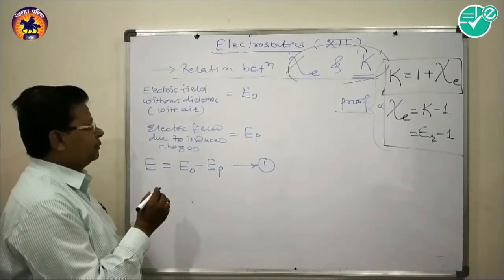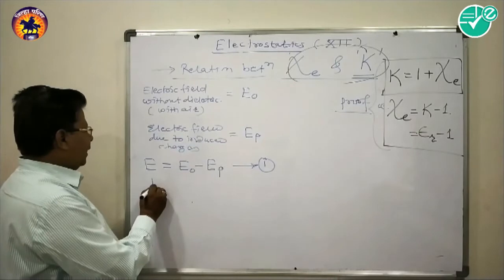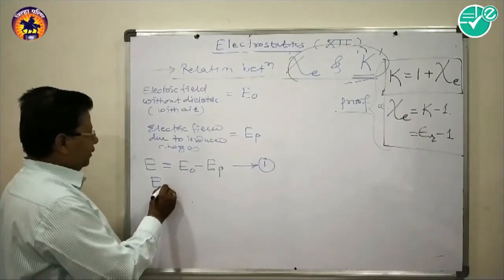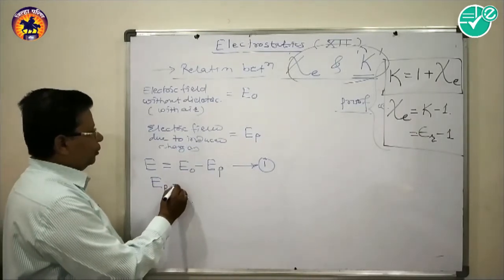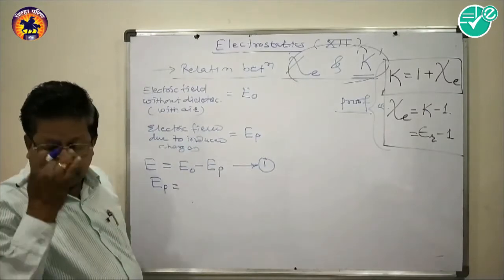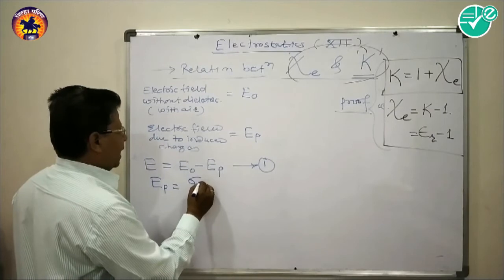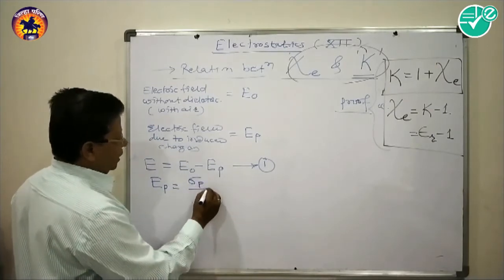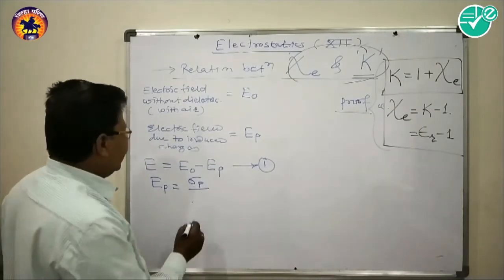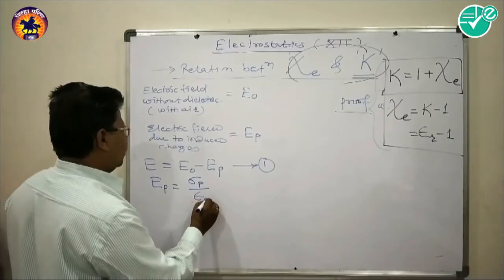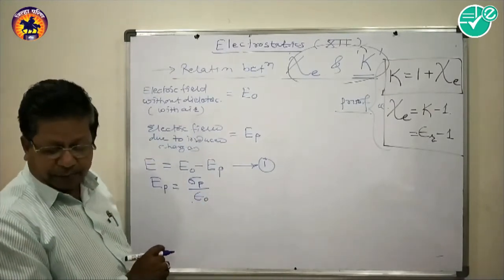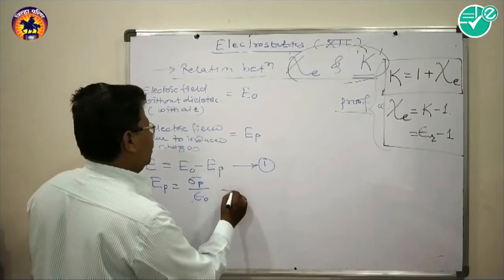Again, the value of EP, the electric intensity due to polarized charges, is given by the charge density due to polarized charges divided by epsilon 0, sigma P divided by epsilon 0.